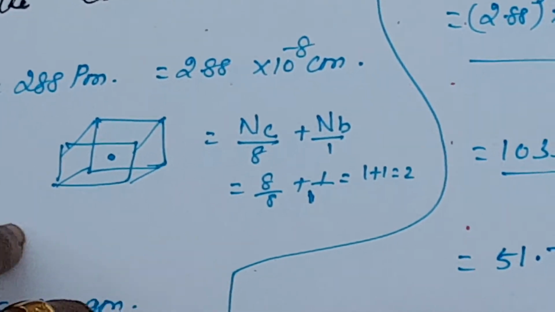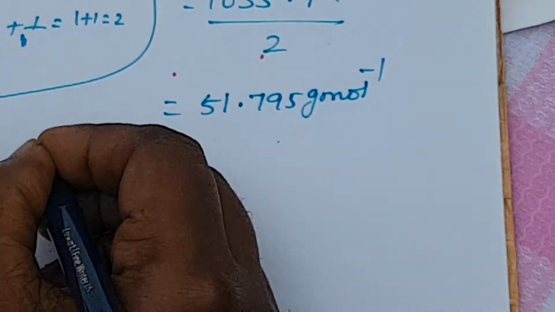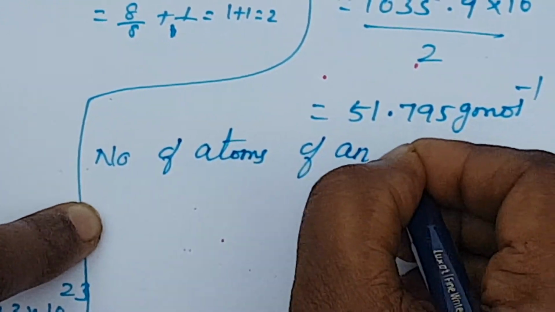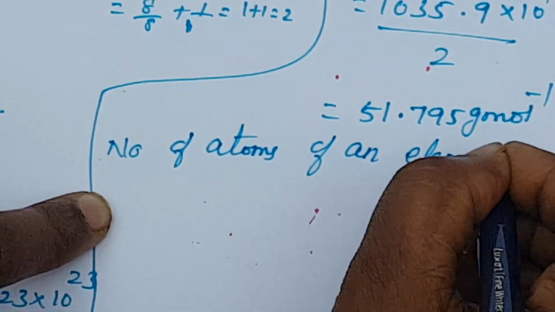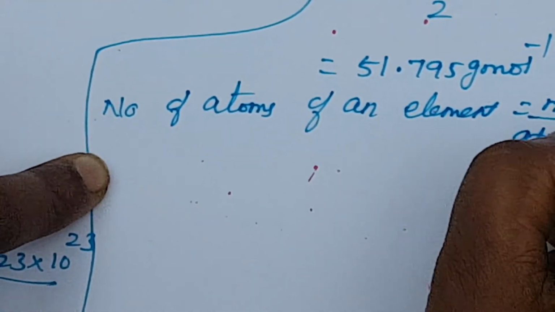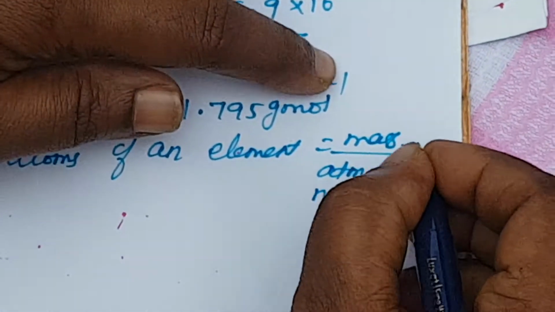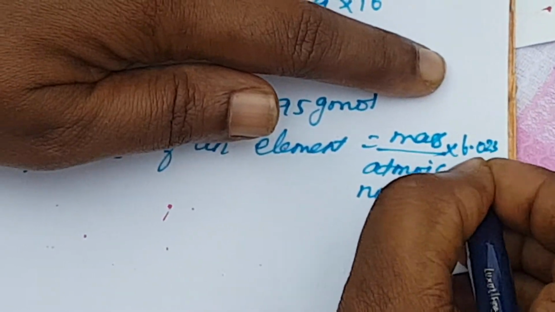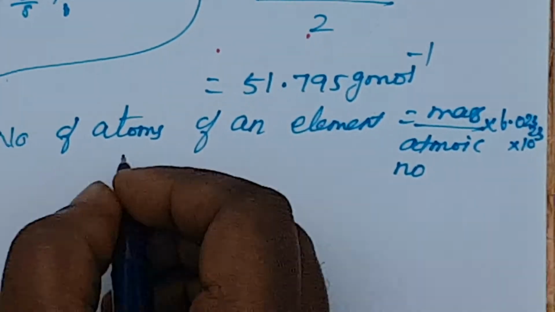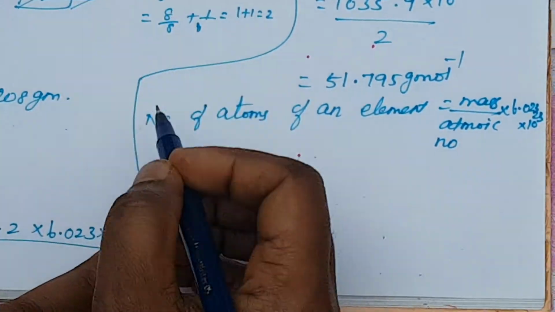So next one is to calculate the number of atoms. The number of atoms of an element is equal to mass divided by atomic mass, times the Avogadro number, 6.023 into 10 power 23. So the total element weight is 208.